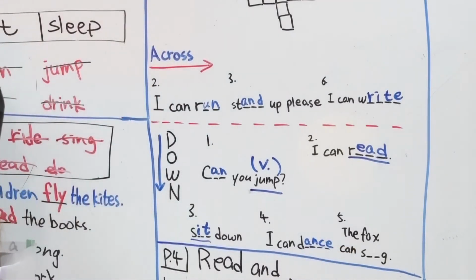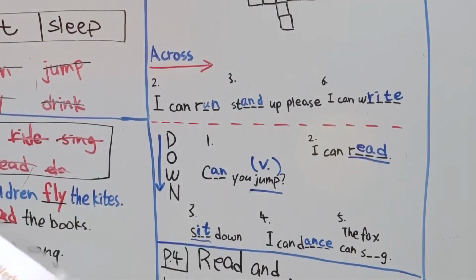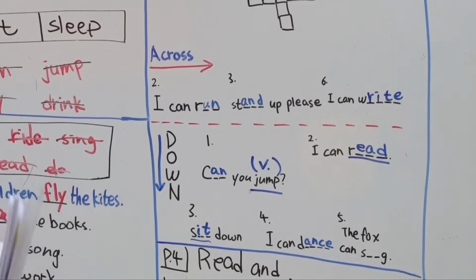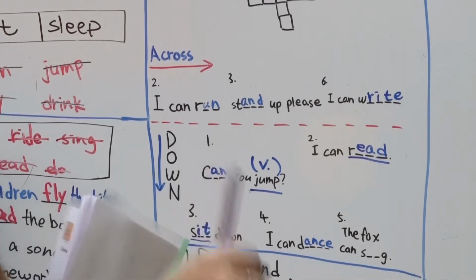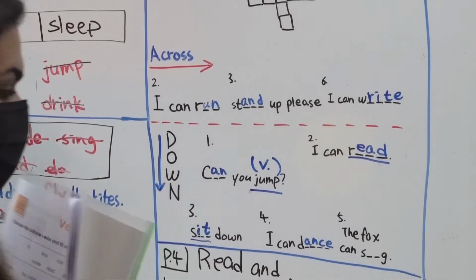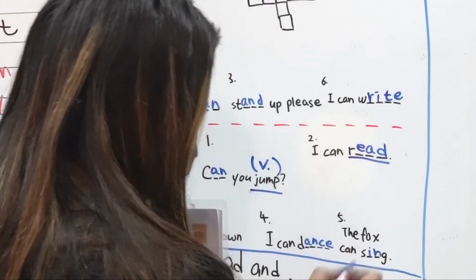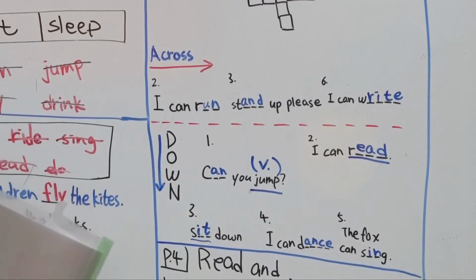D-A-N-C-E. Dance. Okay? Number 5, you will see a fox holding a microphone, right? What is he going to do with the microphone? The fox can sing. Alright. So we have done this part.